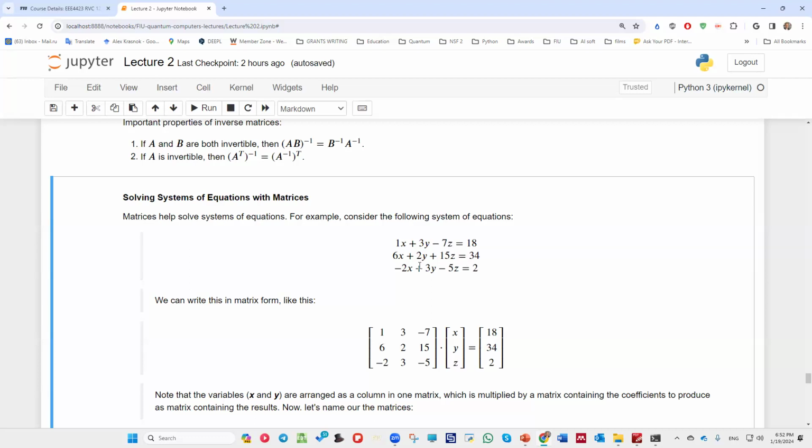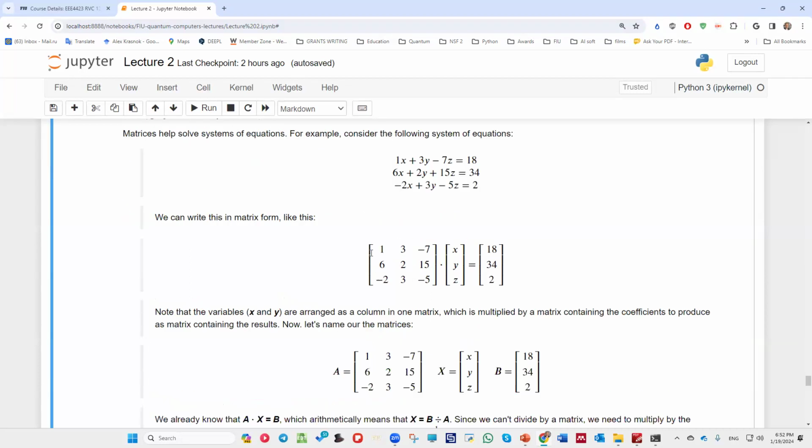So most likely I can solve this. One can solve this analytically, of course, but for a system of three, it takes some time. But you can rewrite these linear equations in matrix form, and notice that this matrix of coefficients multiplies this vector of unknowns x, y, and z.